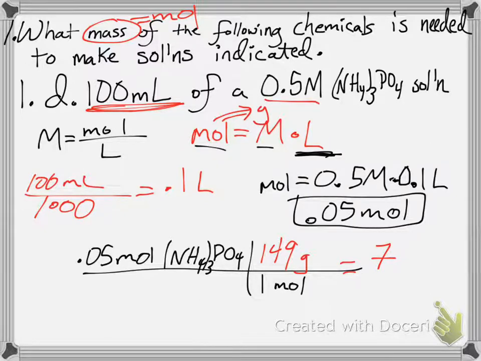Well, since a lot of things have like 1, I might round this up to 7.5 grams, or I could even say 8 grams. But if my scale goes to 1 decimal place, I'm probably going to do 7.5 grams to be more accurate. And please make sure that your answer is 7.5 grams of what? (NH4)3PO4.